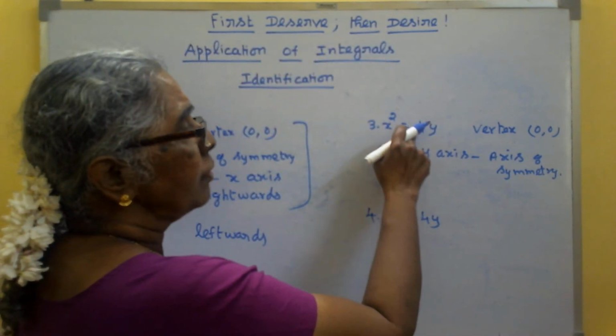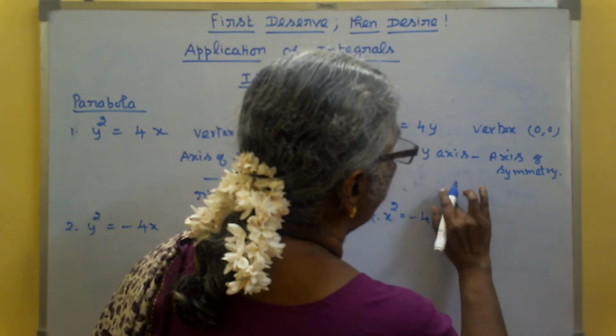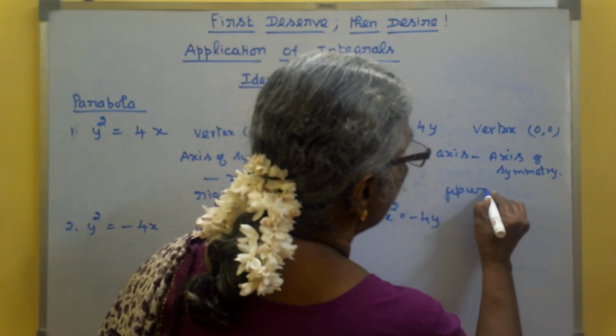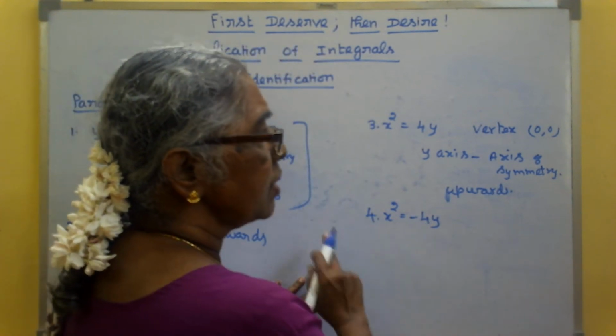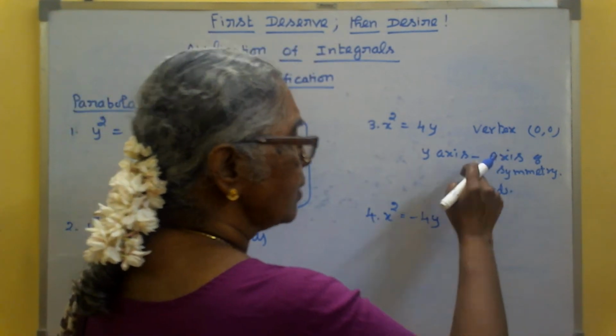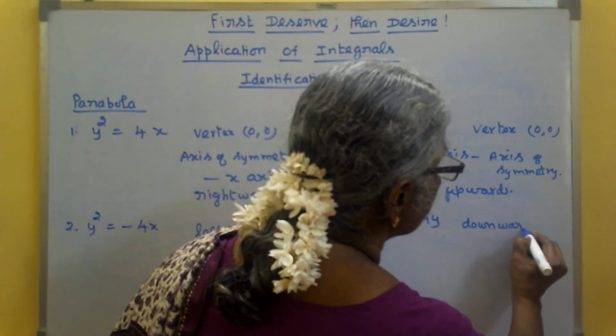Now, when you have a positive sign, that is x squared is equal to 4y, this will open upwards. When you have x squared is equal to minus 4y, this will open downwards.